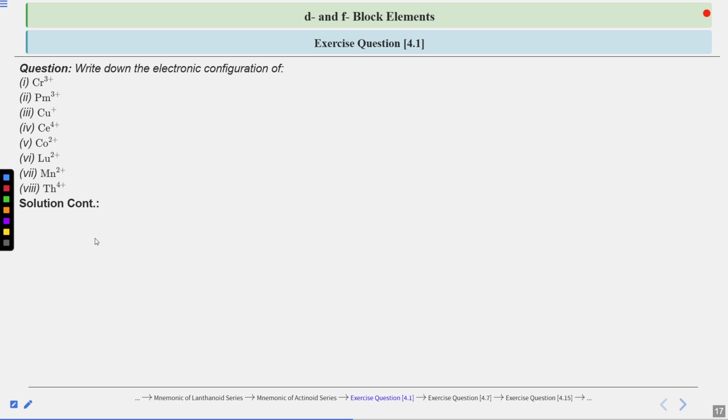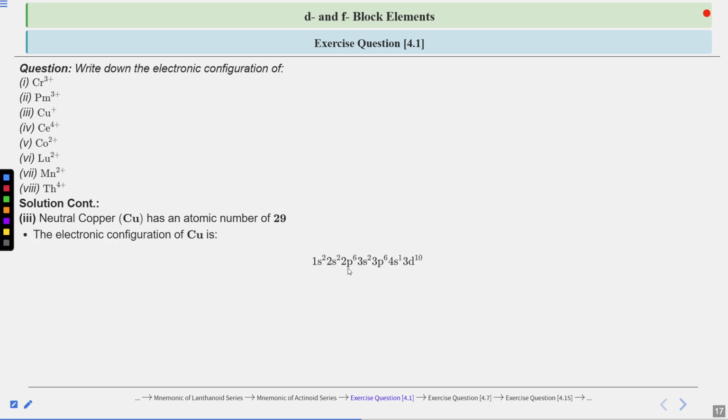Now for the third part, for copper, the neutral copper has atomic number 29. So the electronic configuration of copper is 1s2, 2s2, 2p6, 3s2, 3p6, 4s1, 3d10. Now for copper positive, one positive charge means only one electron is removed. That is from the 4s subshell, because this 3d10 is going to be the stable one.